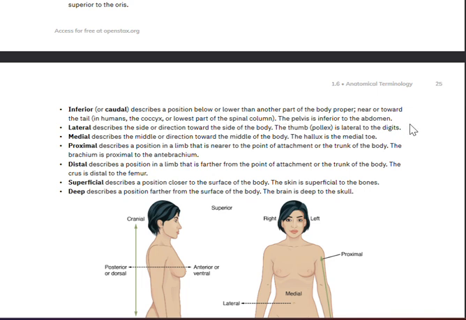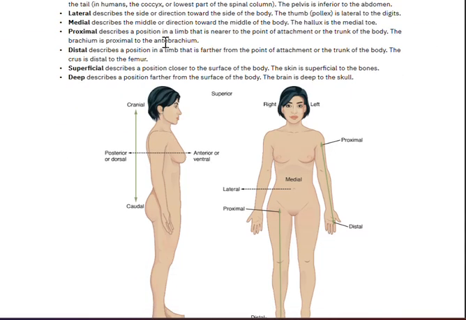Lateral is to the side. Medial is to the middle. There you go. Proximal describes a position in a limb that is near to the point of attachment or the trunk of the body. The brachium is proximal to the antebrachium.